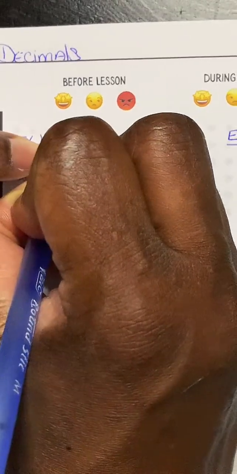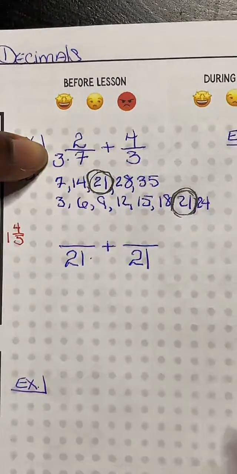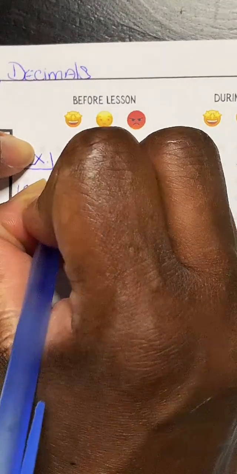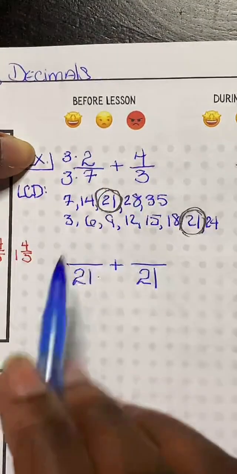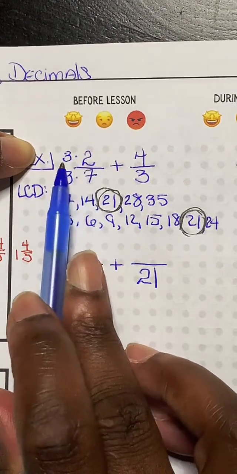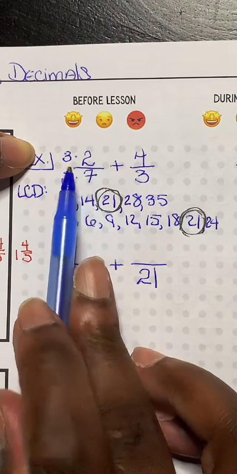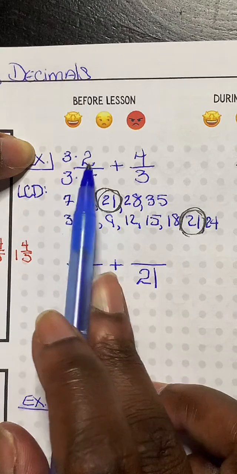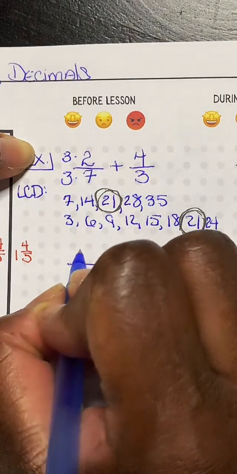Well, 7 times 3, because we just figured it out. But whatever happens in the denominator has to happen in that numerator. So if I have to multiply the denominator by 3, I got to multiply the numerator by 3. So now my new numerator is going to be 3 times 2, which gives me 6.